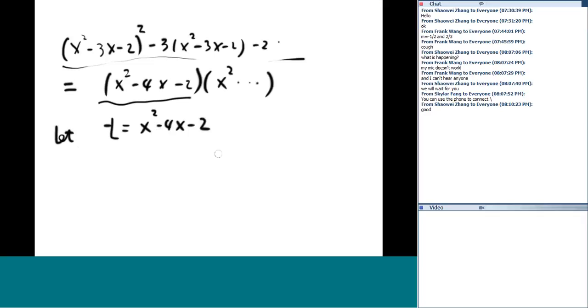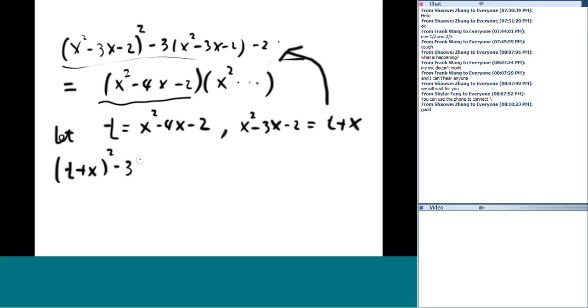Okay, let t equal x squared minus 3x minus 2, so t plus x. Then you plug that into this one. So you have (t plus x) squared minus 3(t plus x) minus 2, equals t squared plus 2tx plus x squared minus 3t minus 3x minus 2.